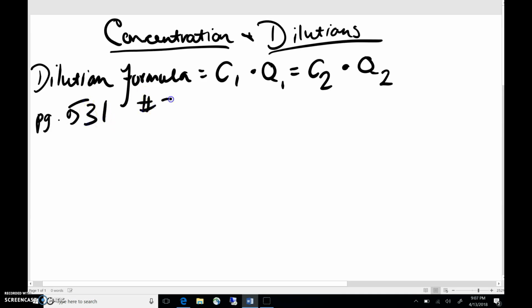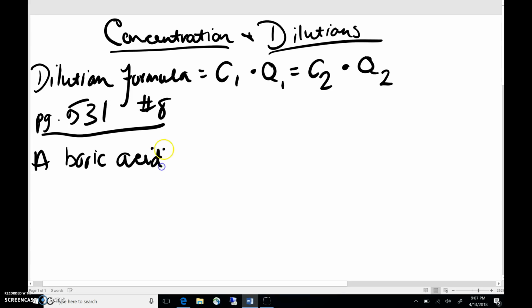All right. So I want you guys to turn to, let's look at number 8 on page 531. Number 8. And this reads that a boric acid solution is 1 to 10 strength.